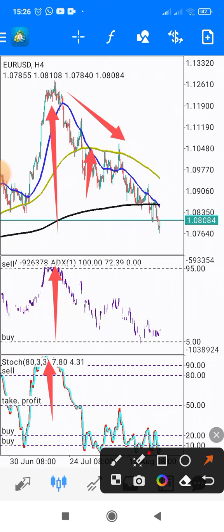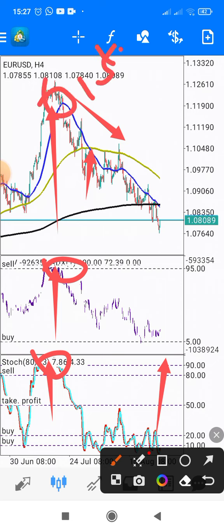So now what we are waiting for is this market to pull back to this point. After pulling back, there is where we are supposed to enter. That in fact will be a second entry. The first entry could have occurred here, and here. That could have been the first entry.